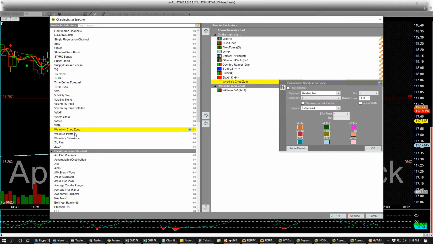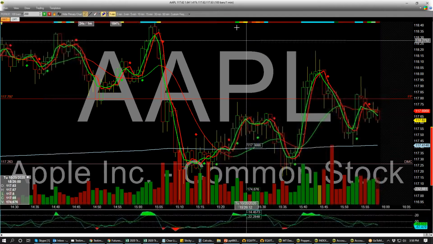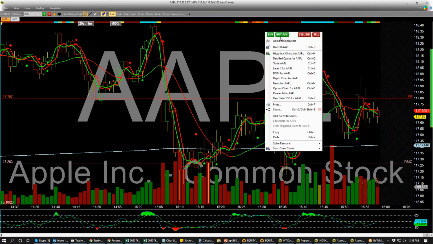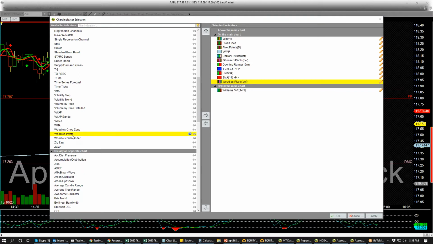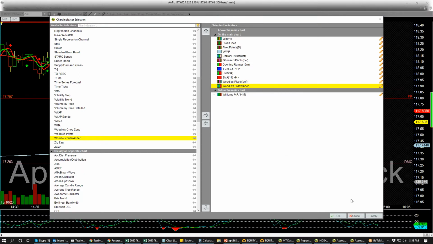Woody's chop zone. I'm not familiar with Woody's chop zone. Oh, little zones of chop. Okay, that's interesting. Woody's chop zone, Woody's pivots, and Woody's sidewinder. Well, let's put both of those in.